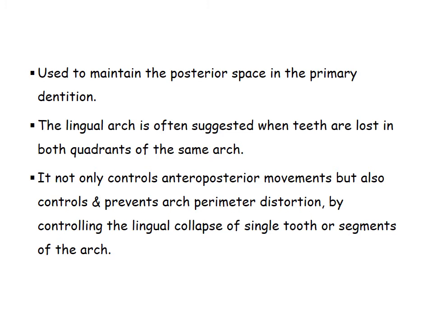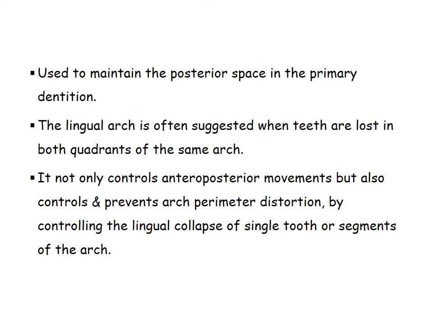So if a primary tooth is lost, the space which is lost is maintained if we give the lingual holding arch appliance. The lingual arch is often suggested when teeth are lost in both quadrants of the same arch.